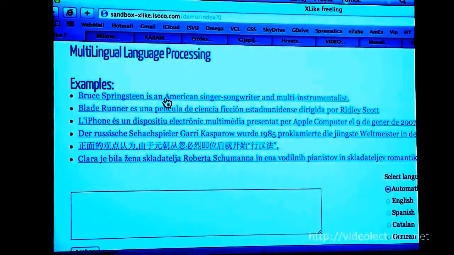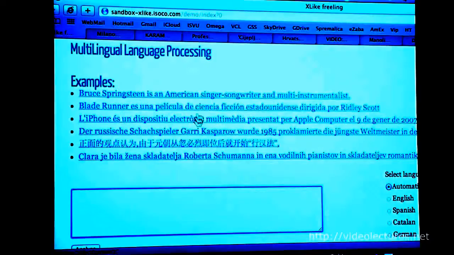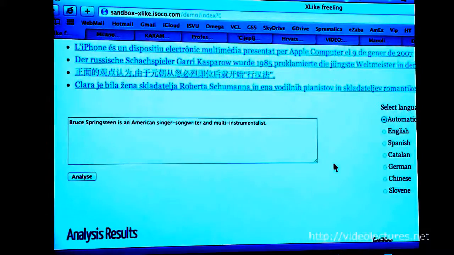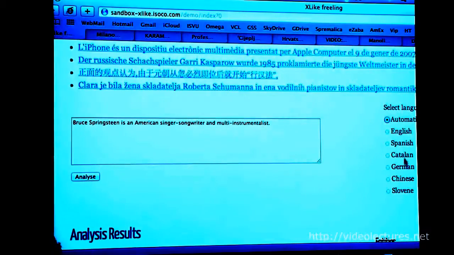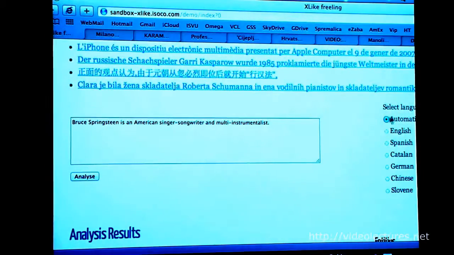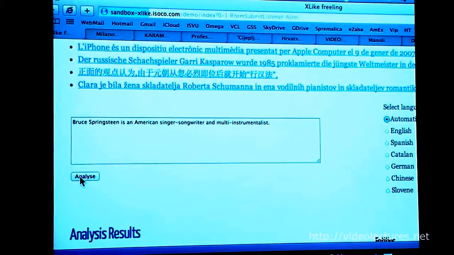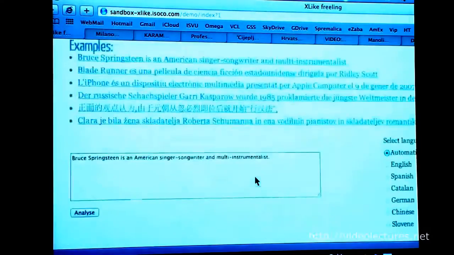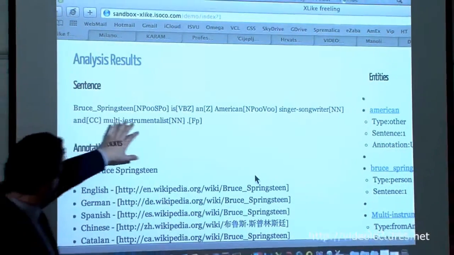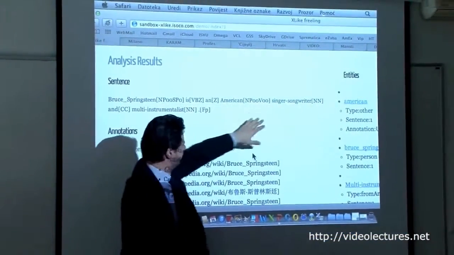Of course, we have example sentences which you don't have to type in, but you can type in a sentence here. So we have language identification here. You can either say in advance which language it is, or you leave it to the system to recognize. And then you get the analysis. The sentence is being syntactically analyzed.